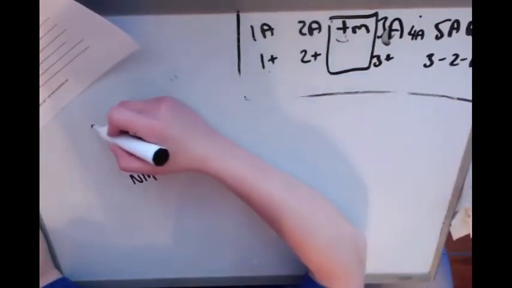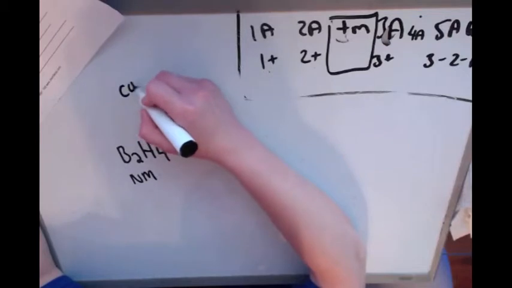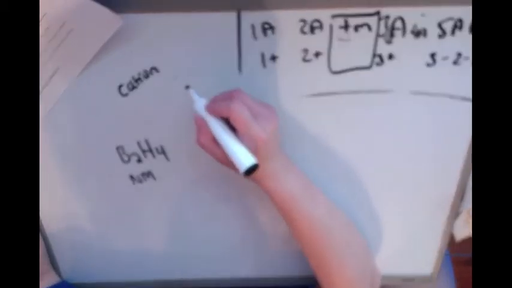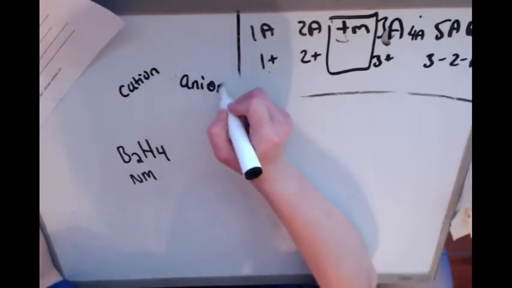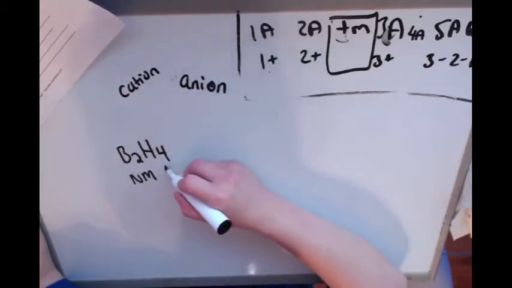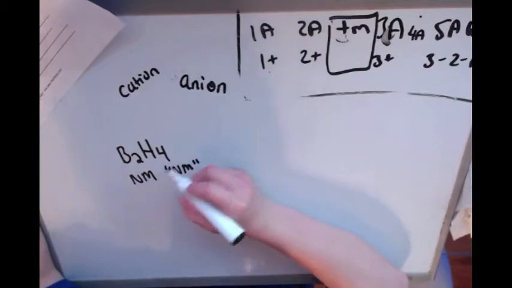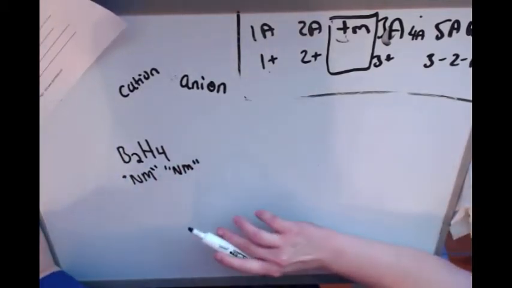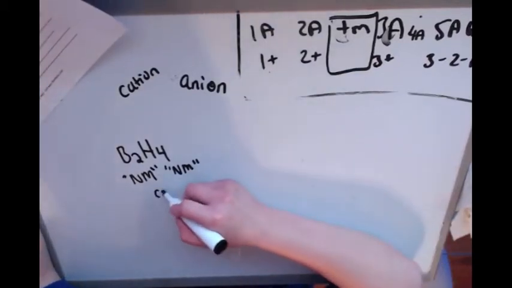It can lose its electron and become a cation, or it can gain another electron and become an anion. I also told you that cations are always written on the left, and anions are written on the right. So this is written on the right, so it's kind of functioning as a nonmetal. I'm going to put it in quotations. I'll put this in quotations too, since it's actually a metalloid. And so you have nonmetal plus nonmetal equals covalent.